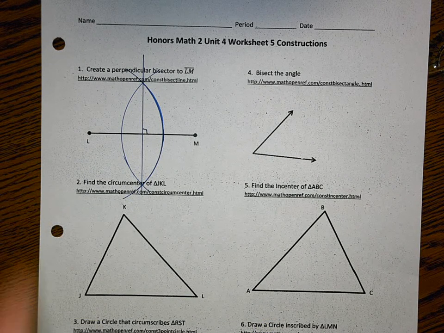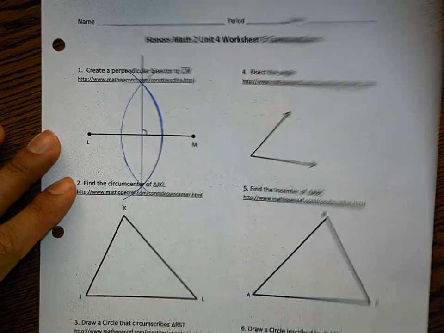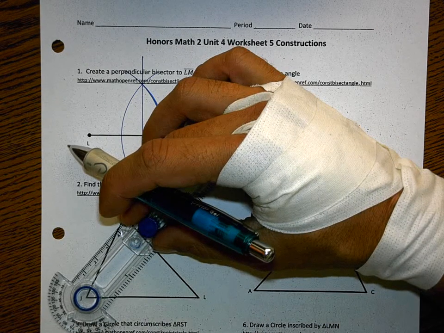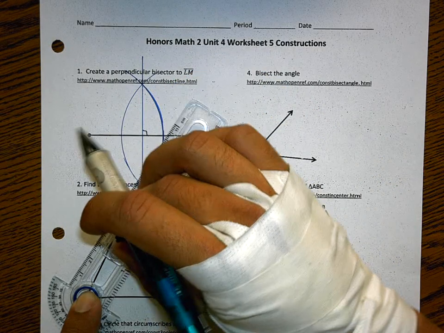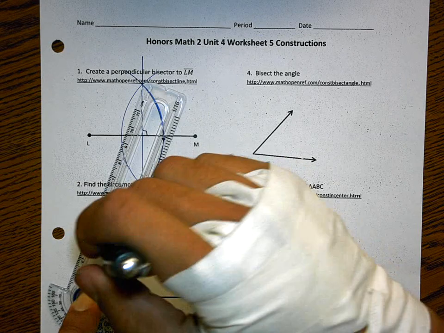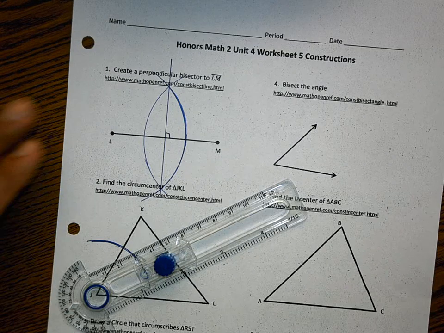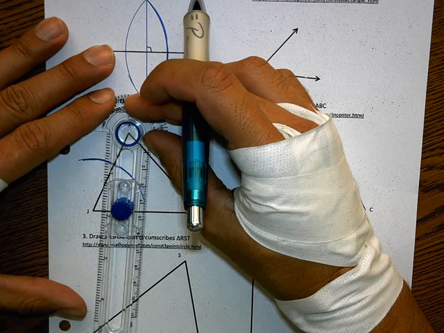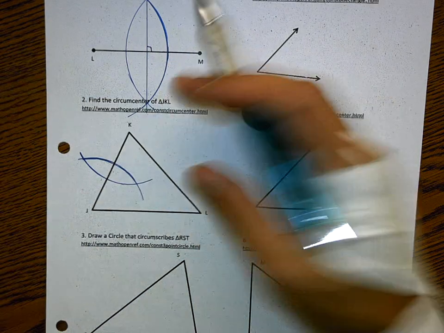I will do one side with you and let you do the rest on your own. So for example, if I was doing that same thing with J and K, I would put my bullseye on J, make sure that I was more than halfway, and because I don't want it too big, I want this to fit on my piece of paper, I'm just going to go just a little more than halfway and make my arc from J. And now I'm going to do the same thing from K. Put my bullseye on K. And I better have kind of like an eye or a fish.